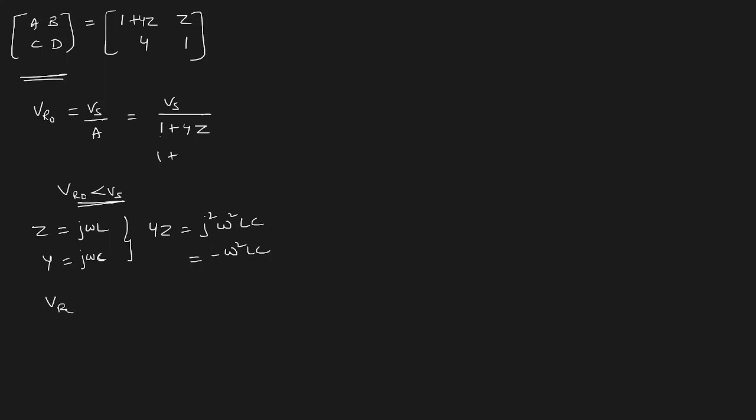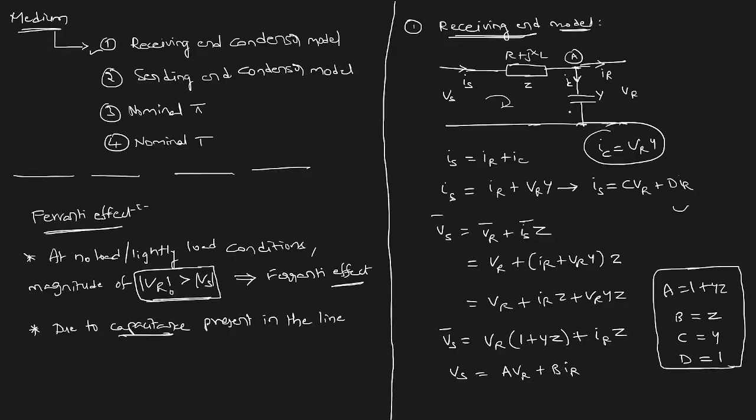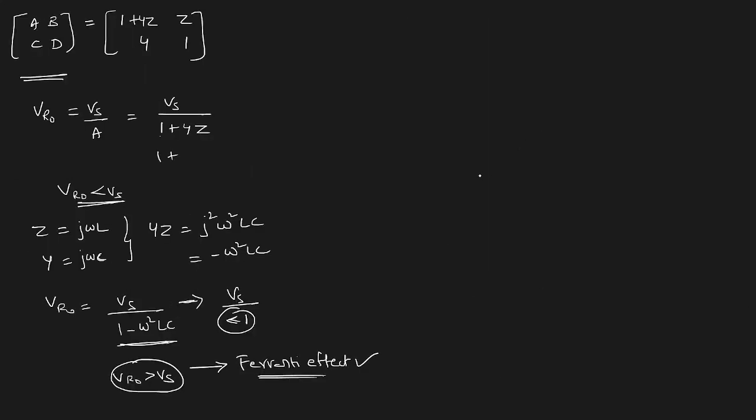Therefore, VR naught will be Vs by (1 minus omega square LC), and obviously the denominator will be less than 1 now. For sure it is going to be less than 1. Therefore, VR naught will be greater than Vs. So we can conclude that this receiving end model will exhibit the Ferranti effect. For sure it is going to exhibit it, because at the receiving end there is a capacitor.